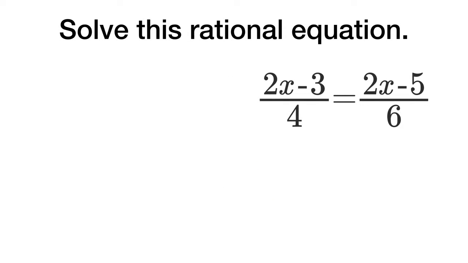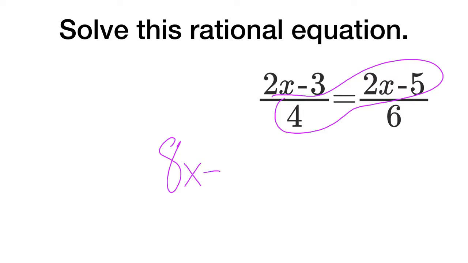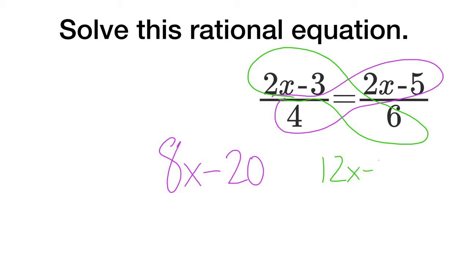Okay, so let's try this one. We're going to solve the rational equation. So first thing we do, 4 times 2x minus 5, that is going to be 8x minus 20. And 2x minus 3 times 6, that's going to be 12x minus 18.